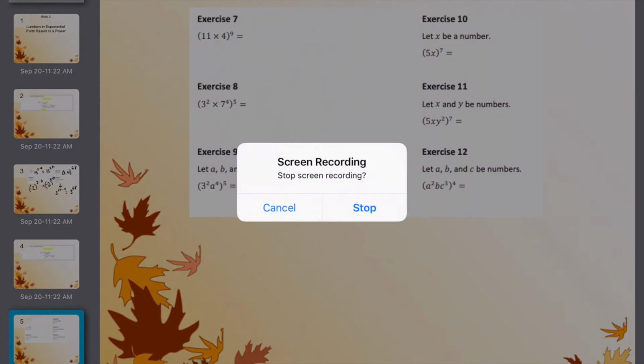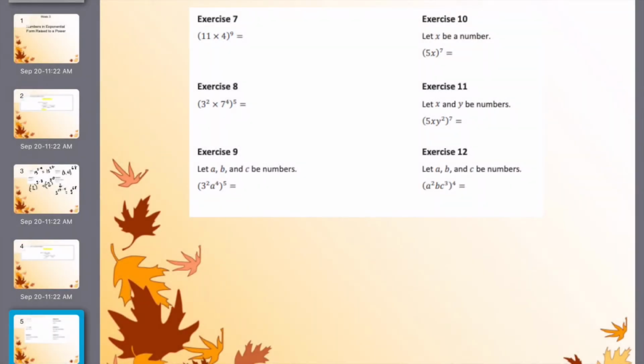So all I have to do is 11 to the ninth times 4. Let me change this and make it a dot. 11 to the ninth times 4 to the ninth.